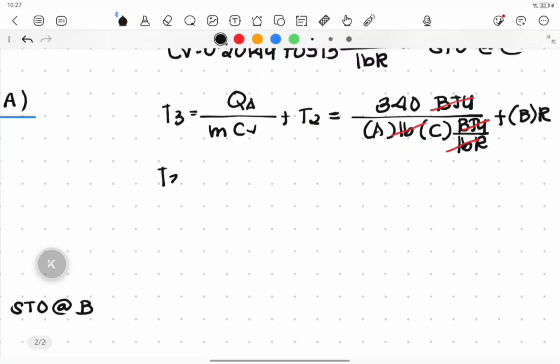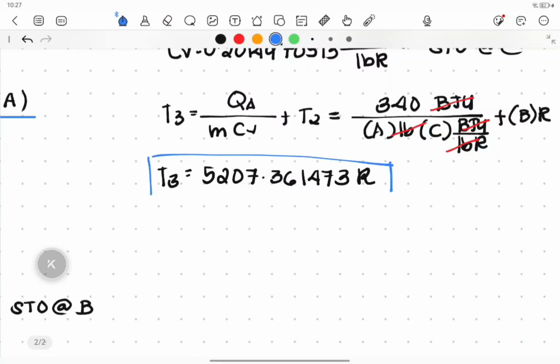So my T3 is 340 divided by A times C plus B, that is 5207.361473 Rankine. And this is one of our answers.